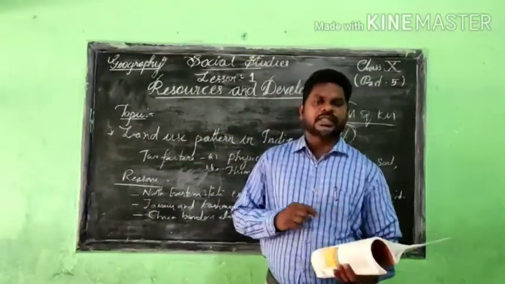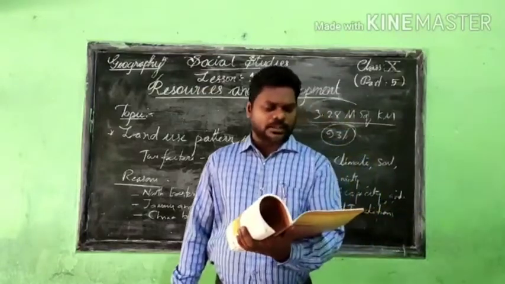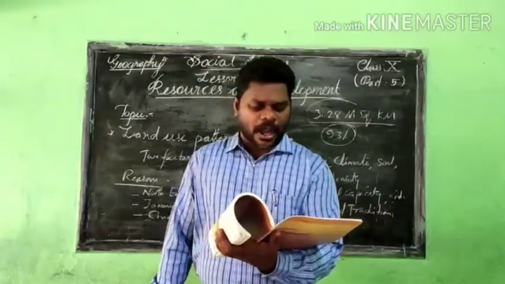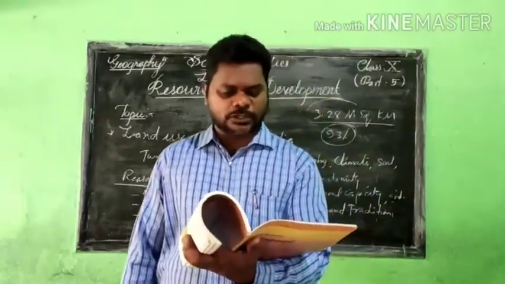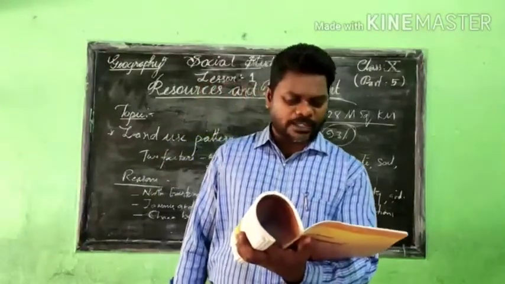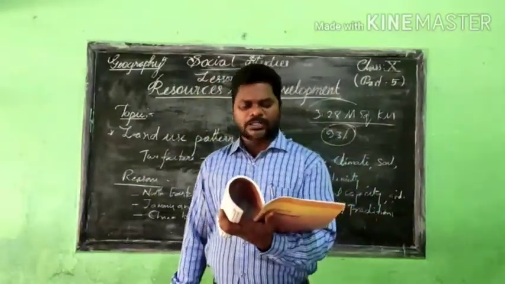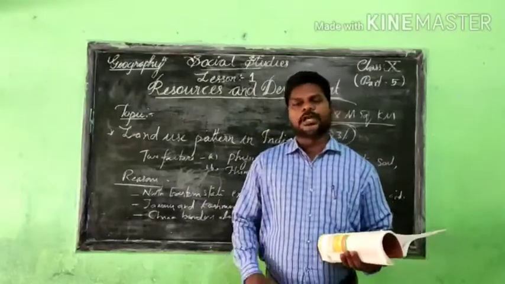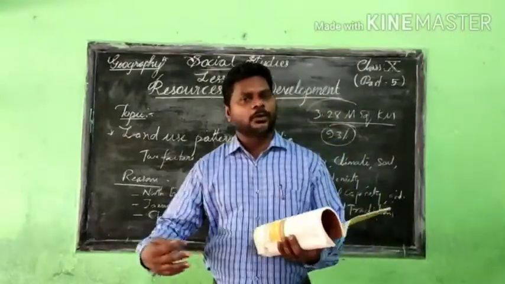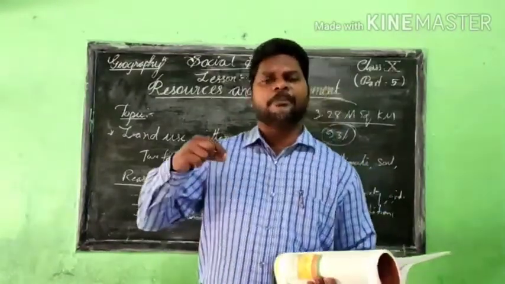It is mentioned that the land under permanent pasture has decreased, and the current fallow lands give poor benefits. You know that on fallow land, even if we do agriculture, we are not getting the benefits.